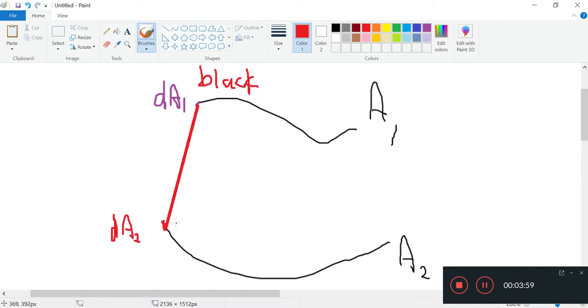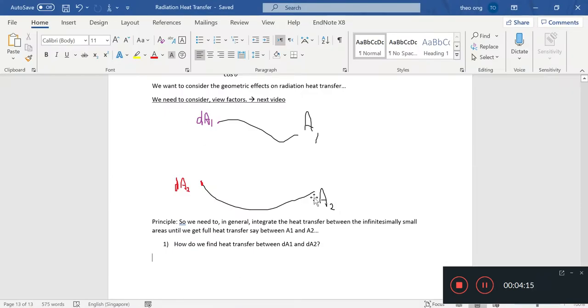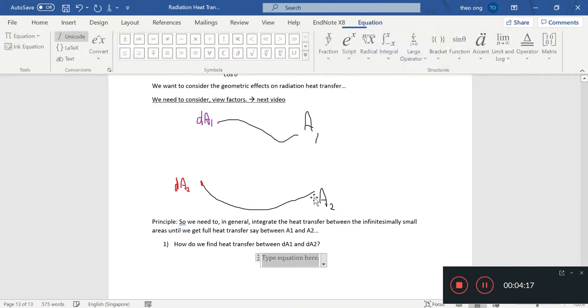This surface here will be outputting some sort of intensity field, IB. So let's start from there.